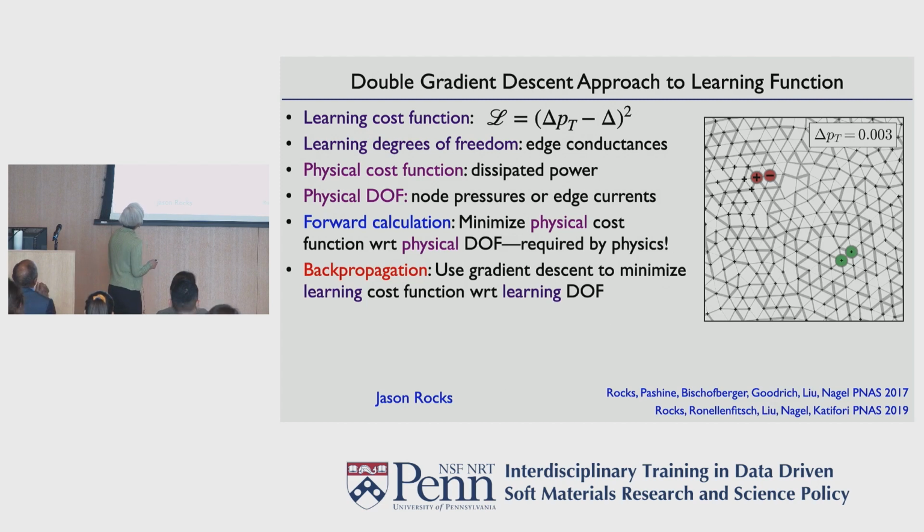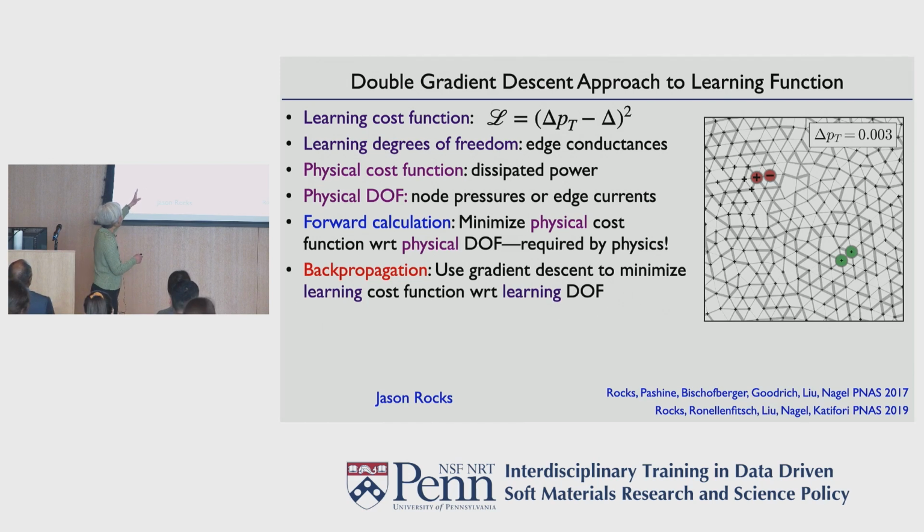So you have to adjust the physical degrees of freedom, which are either the node pressures or the edge currents, to satisfy that at every node, which is consistent with minimizing the dissipated power.